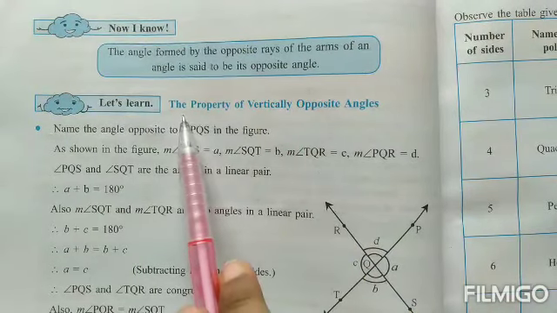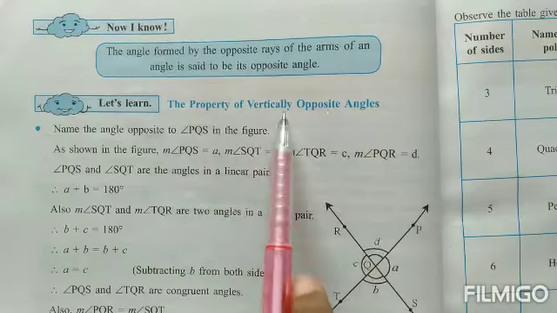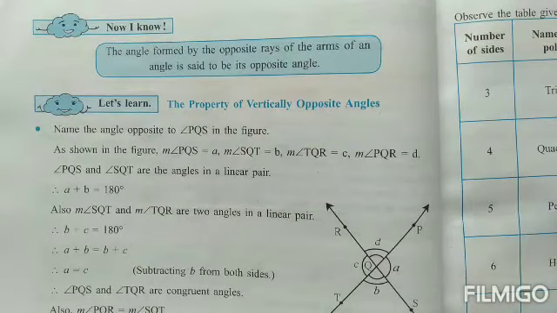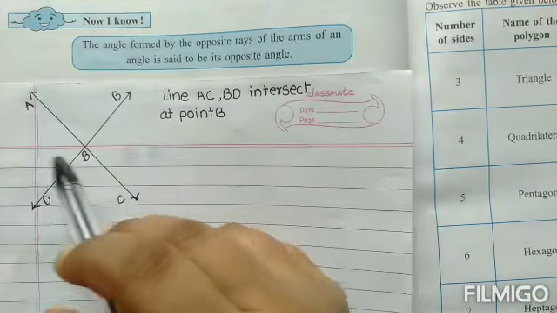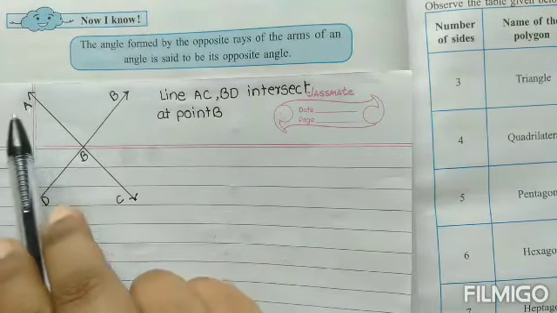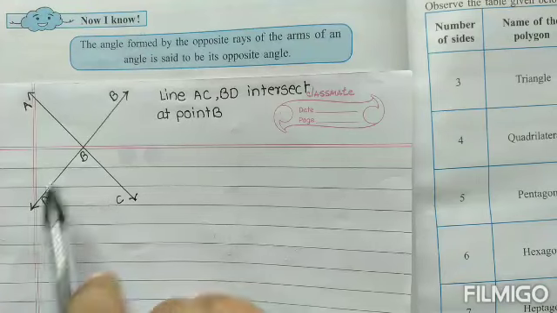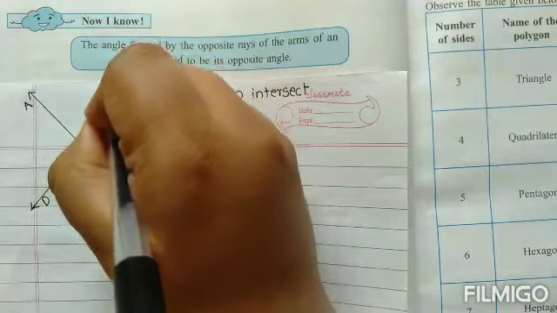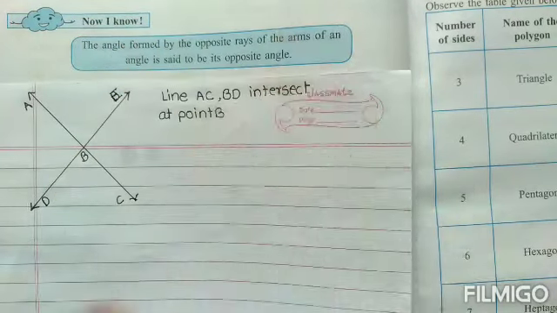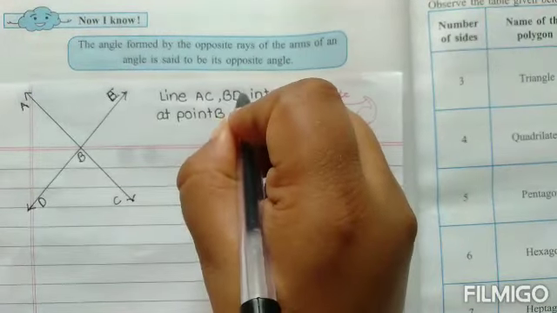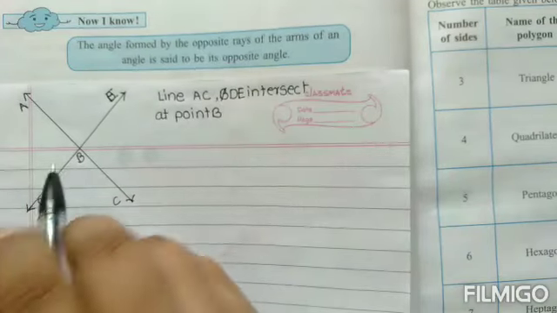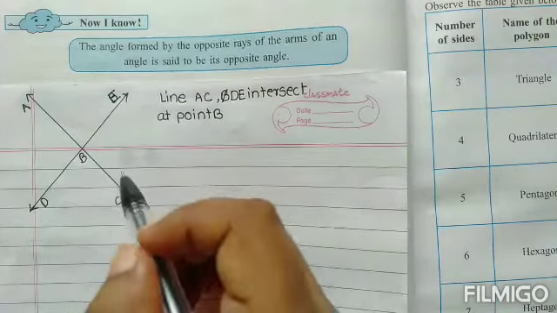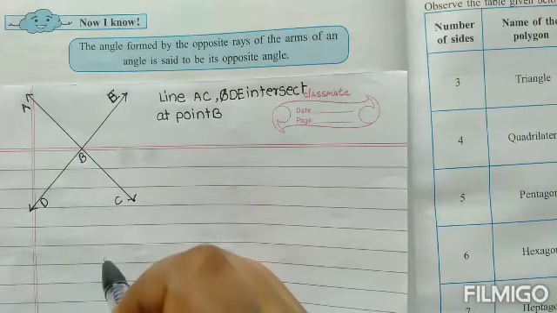Now let us study the property of vertically opposite angles. Observe the given figure. Line AC and line BD intersect at point B. Okay, so they form opposite angles.